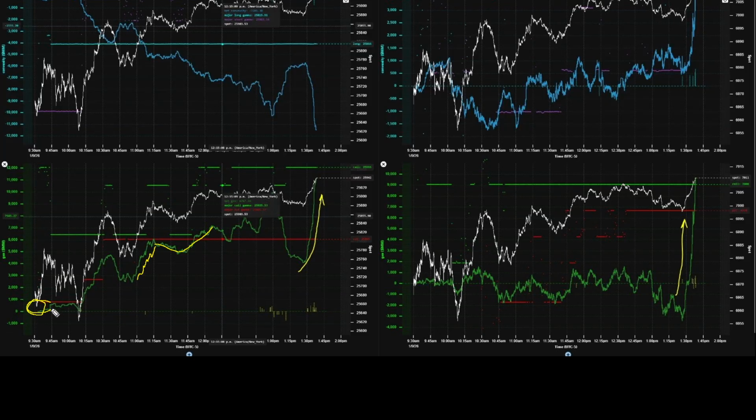See, this is the zero gamma, and it starts to make higher highs, and the price does the same. This occurs because the option market is the lead and is the engine room, as I told you at the start of the presentation.